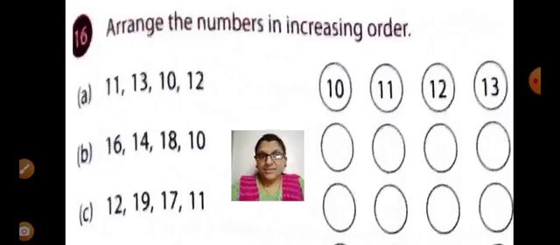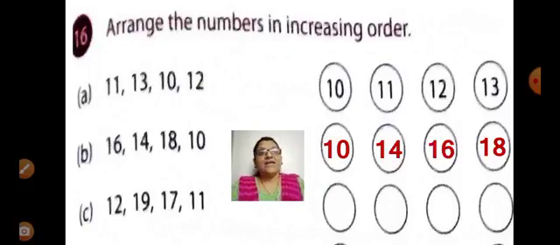The given numbers are 16, 14, 18 and 10. The smallest number is 10. Then 14, 16 and 18. This is how we arranged them in increasing order.